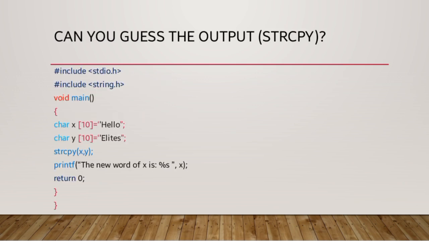So the second example here is for the string copy function. Like I said, the string copy takes in two parameters. It takes in two variables. So I define my first variable as x.